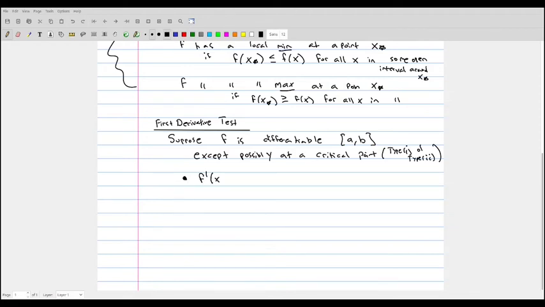the derivative of the function is greater than 0 when x is greater than x naught, the critical point. I'll actually use x star for the critical point.